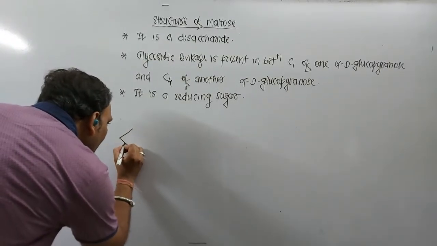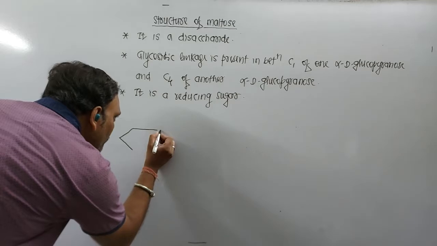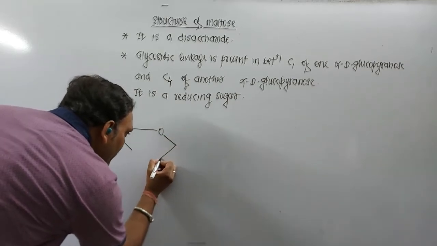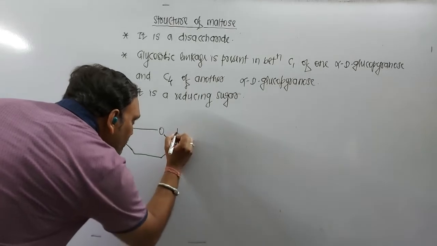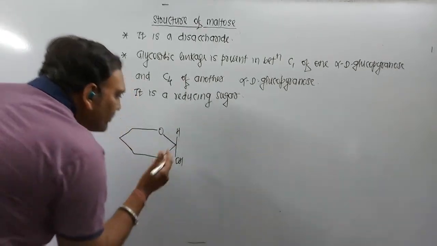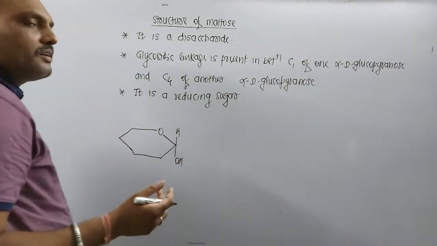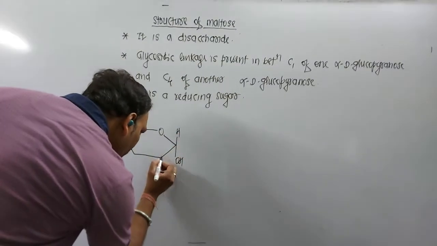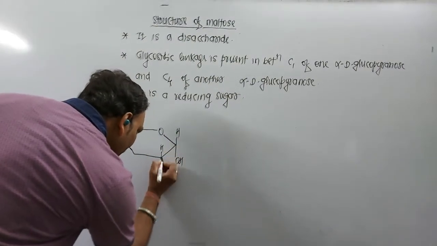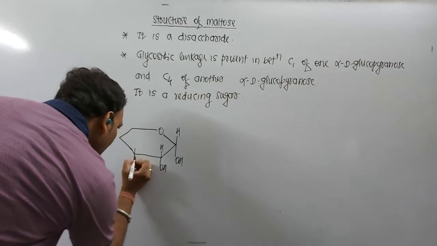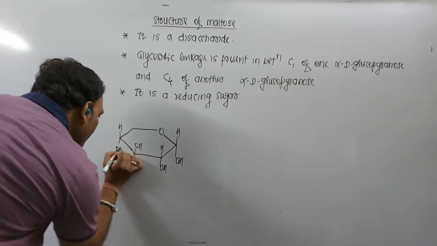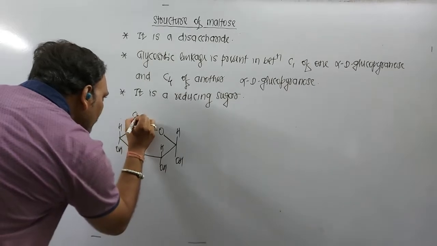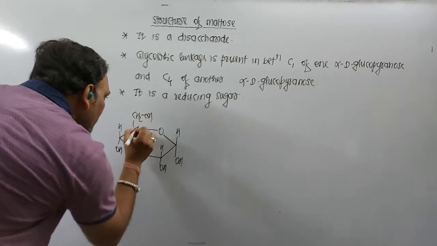Now there are two alpha D glucopyranose units, which can be drawn as follows. As we are dealing with the alpha anomer, the OH group is present at the right hand side, thus we are writing in this manner. This is the configuration of the second, third, fourth and fifth carbon.